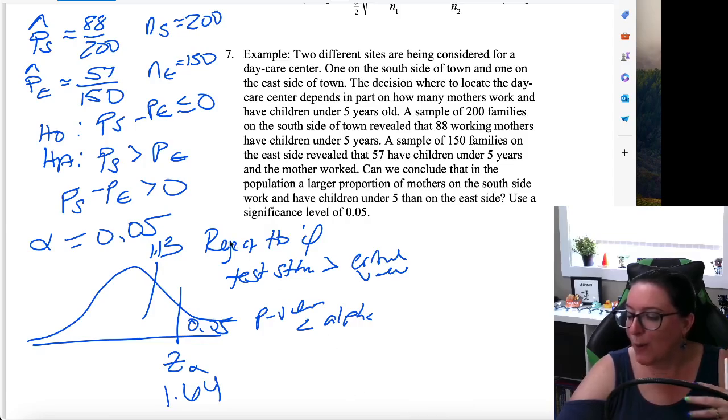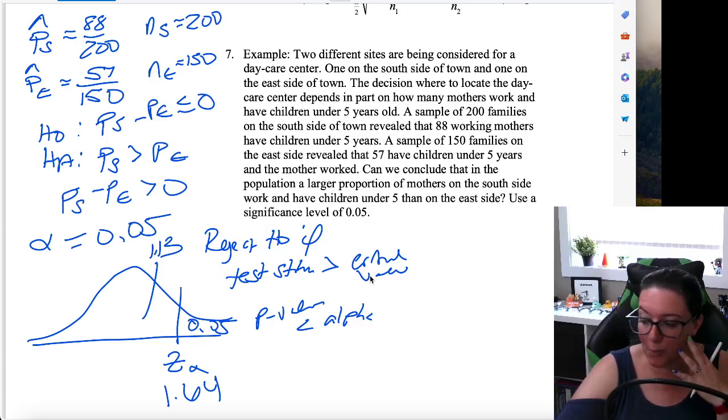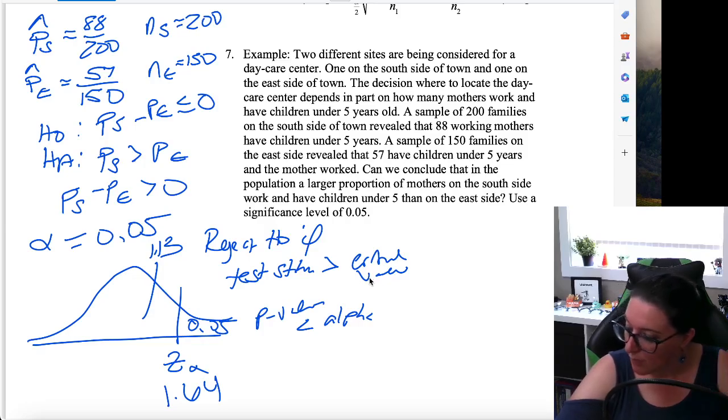So going back, we reject the null hypothesis if the test statistic is more than the critical value. Well, if you did this in Python, you didn't bother coming up with the critical value. You could find it, but why do you need to when you have the p-value? And the p-value we have is 0.12.